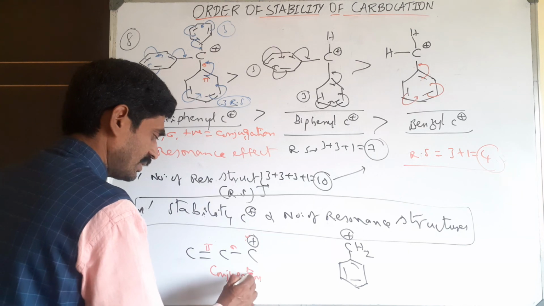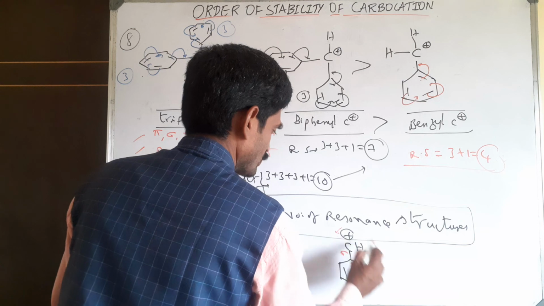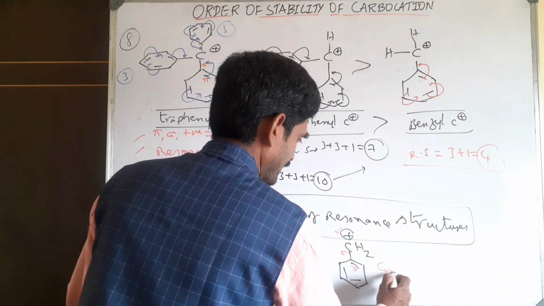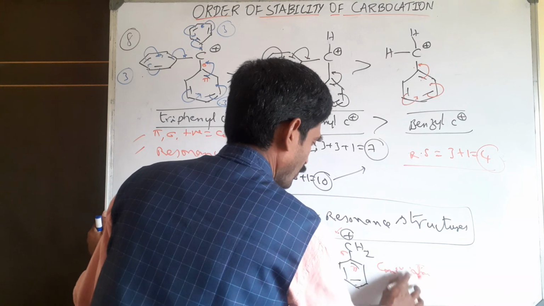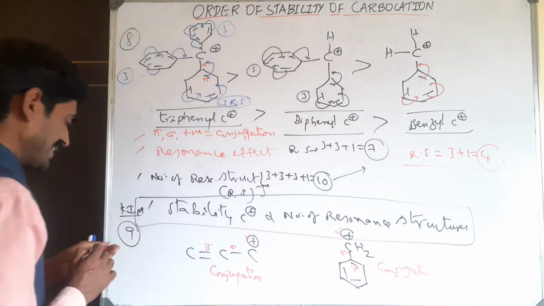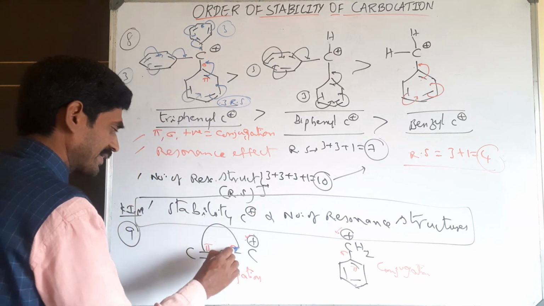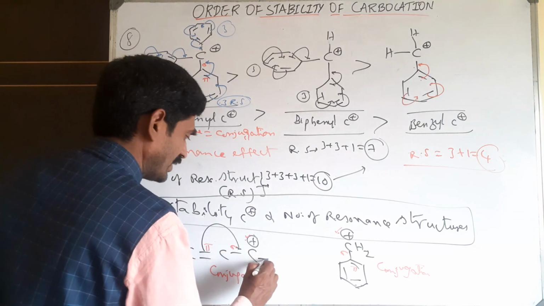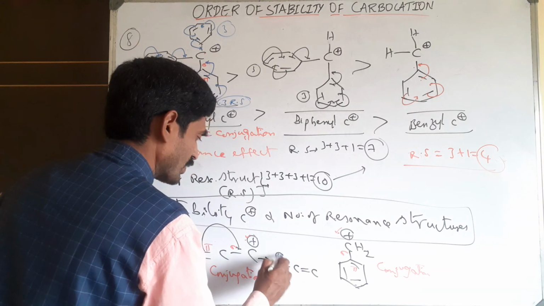And here also a pi bond, sigma bond, positive charge is there, so here also conjugation is there. So in both compounds conjugation is there, which means resonance effect takes place in both. Here this pi electron shifted over here, it is going to be stable. You get a double bond and you get a positive charge.